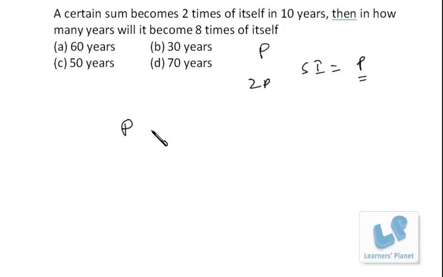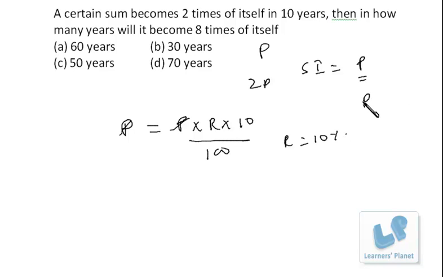So simple interest is equal to, that is P is equal to P, that is principal, into rate of interest into time, 10 by 100. Okay, that means rate of interest is 10%. Now we have to find out in how many years the sum will become 8 times of itself.